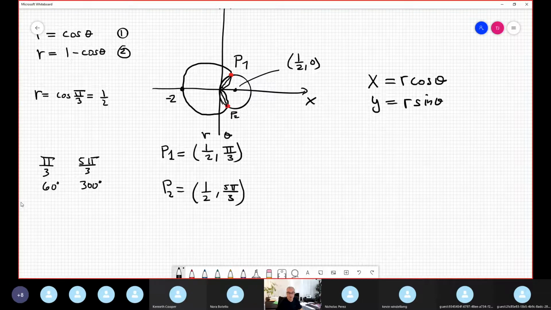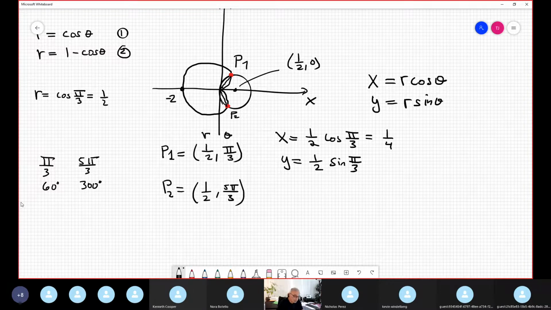Entonces, in the first point, x is equal to 1/2, que es el radio, times cosine pi over 3. Cosine pi over 3 is 1/2, a coincidence, and 1/2 times 1/2 is 1/4. And y is 1/2, the radius, times sine pi over 3.